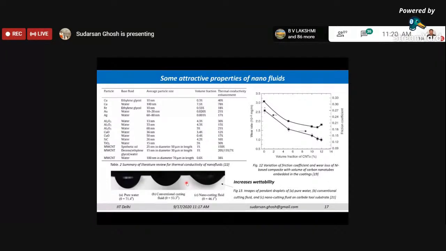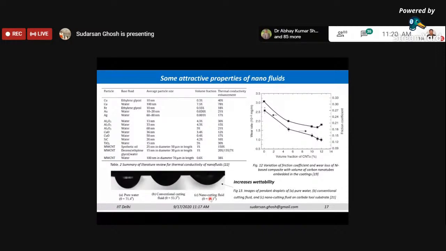So in other words, the smaller the contact angle between the surface and the fluid, the better it is in terms of wetting of the fluid on the surface. Normally carbides are the tool substrate materials. The carbide tool substrate will obviously become hot during the machining or grinding process.